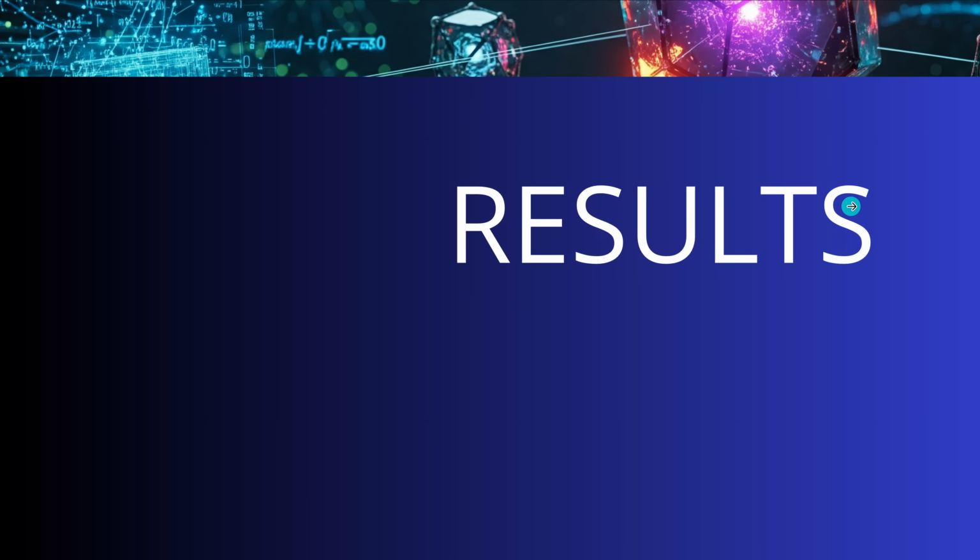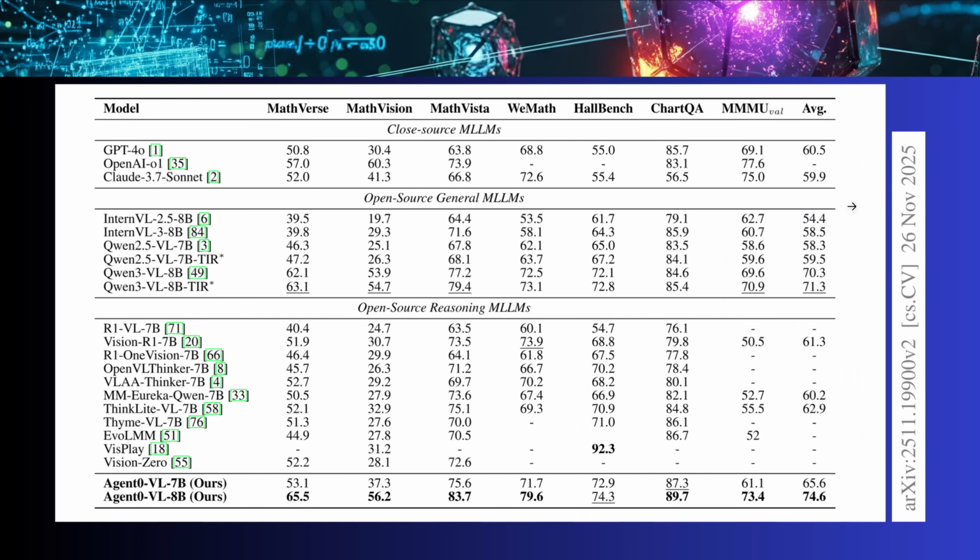Now let's have a look at the performance of those systems. You see the last 2 lines, the Agent0-7B model and the 8B model. Now please note, this is important: the jump from 53 to 65% is not just the 1B model difference, because the 7B model is based on the Qwen 2.5, and the 8 billion Agent0 vision language is based on the Qwen 3 model.